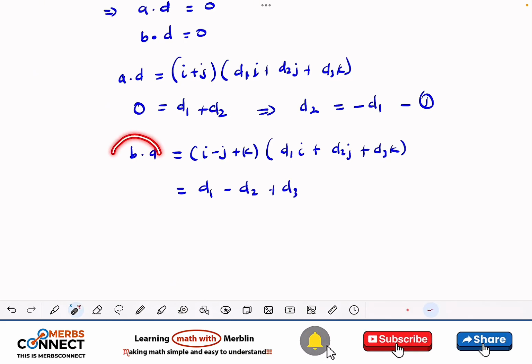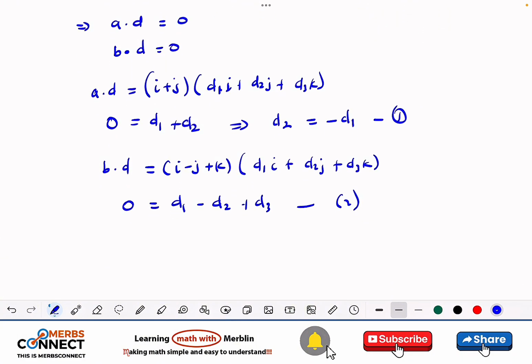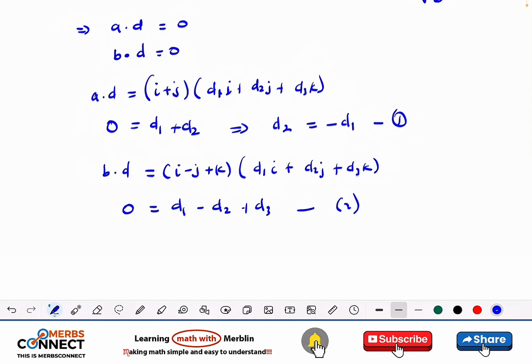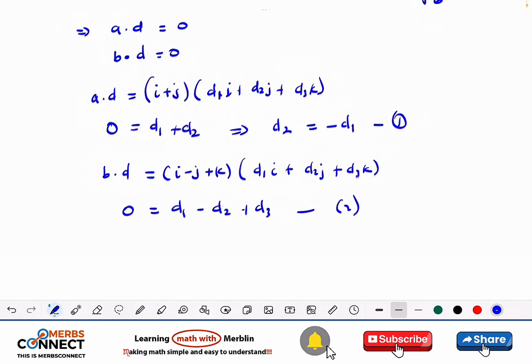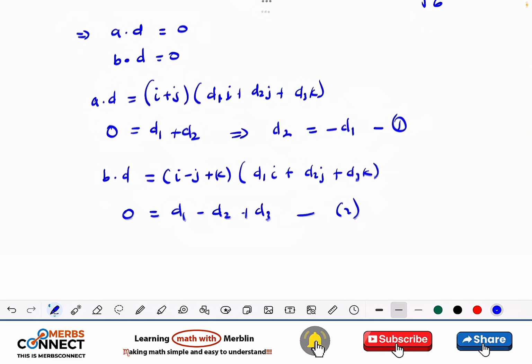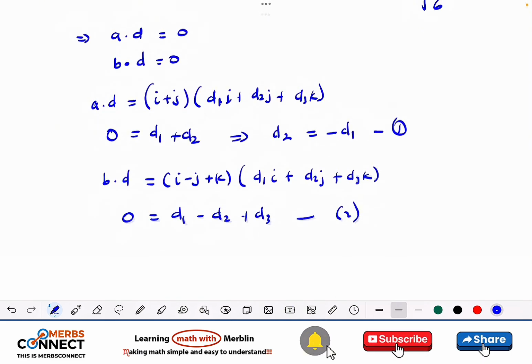And remember, this is equal to 0. So this is also going to be equal to 0, equation 2. So as I said, you see, we have 3 variables with 2 equations, right? We are finding 3 variables with 2 equations. So it's always the case that we cannot find all the variables. So what we can do is we can express them in one variable.